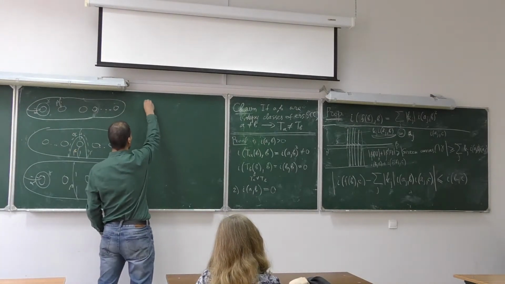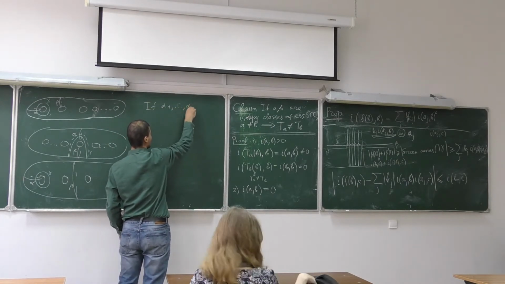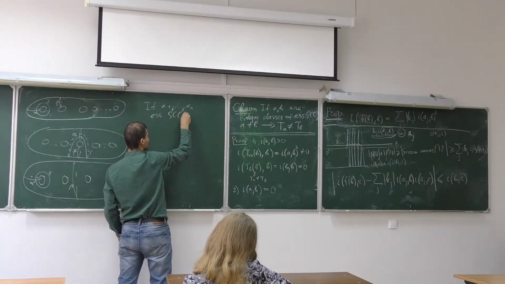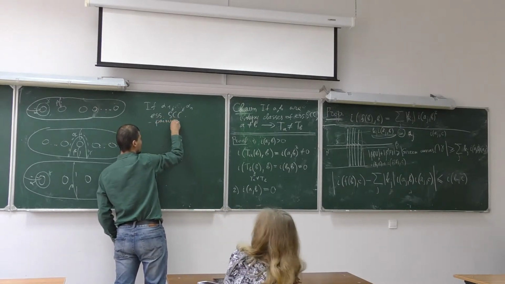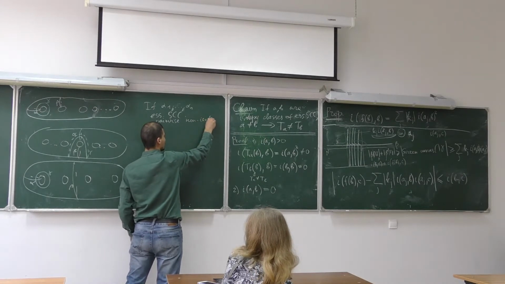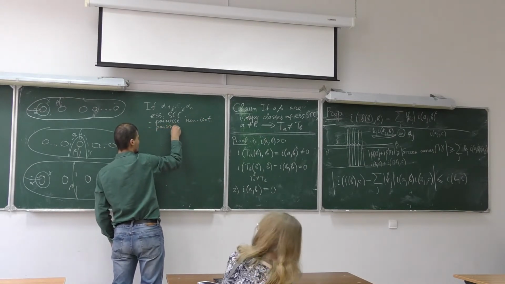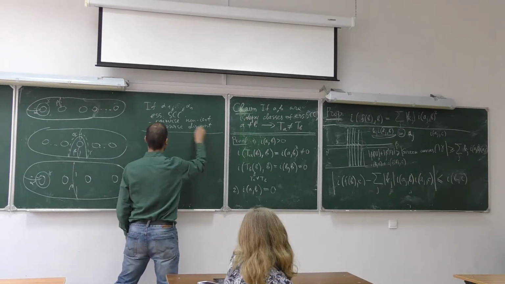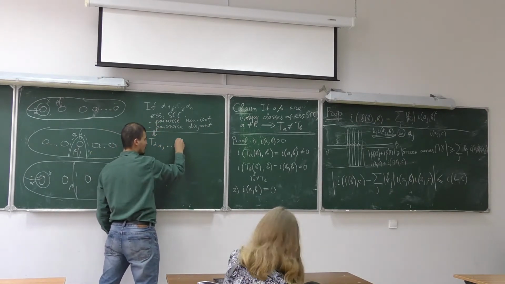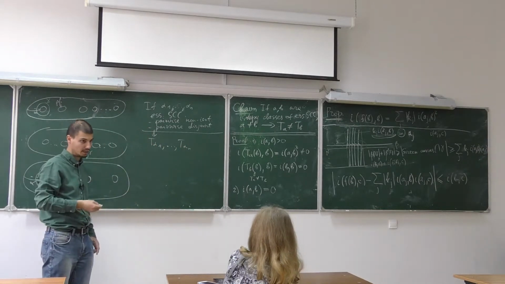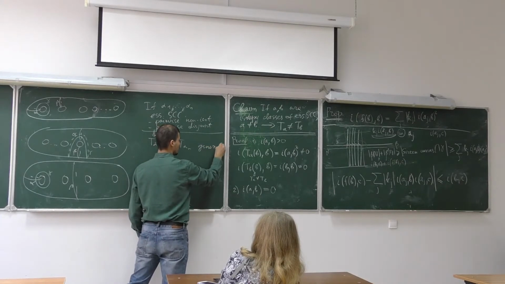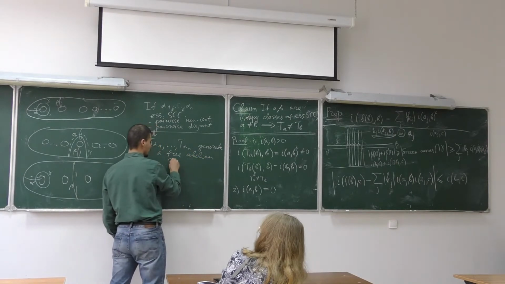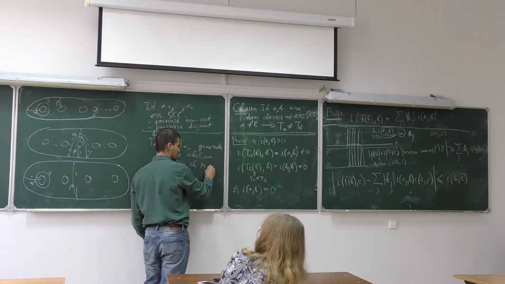Just if alpha 1, ..., alpha n are essential simple closed curves that are pairwise non-isotopic and pairwise disjoint, then the Dehn twists generate a free abelian subgroup of rank n of the mapping class group.